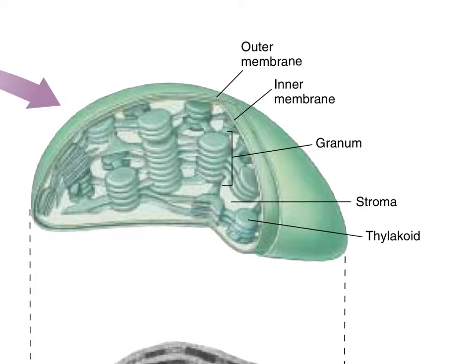It has a concentration of ions that's going to allow us to make ATP. You can think of this as similar to the blood of the chloroplast. It's the fluid that has the stuff that the chloroplast needs to do its thing. The concentration is the amount of stuff in that space.